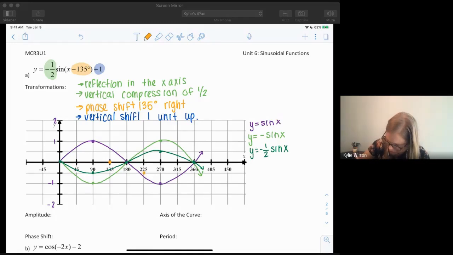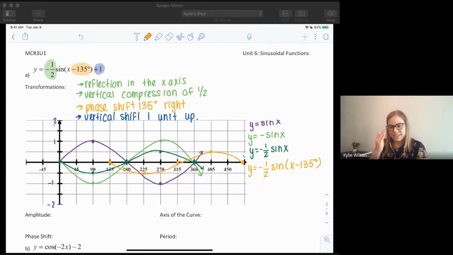There we go. And our third point, our fourth point, and our fifth point. There we go. And now I just connect those in a nice line. So my orange line is y equals negative 1/2 sine (x minus 135 degrees).